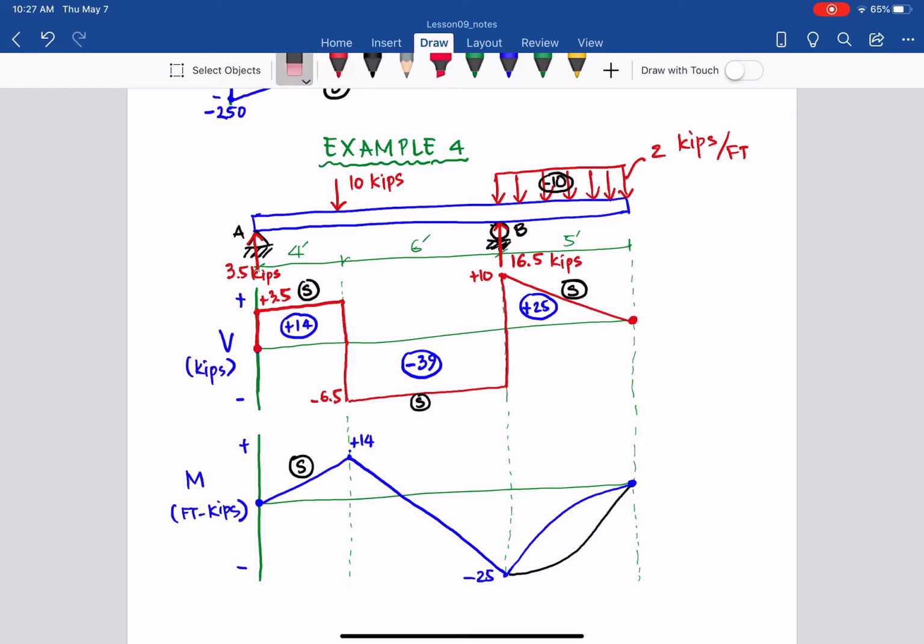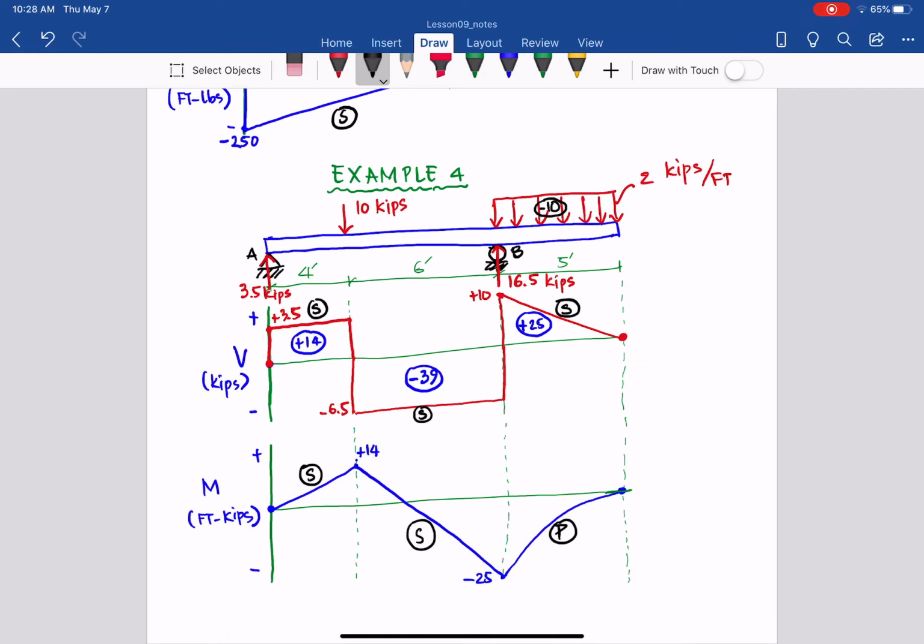So with that, you only have this way, because the slope here equals the tangent to the curve, and it will be 0 at the rightmost. So that will be the curve that you draw. It will be a parabola here, and this is a straight line. So bottom line, with a uniform distributed load, the shear changes linearly and it will be a parabola in moment.